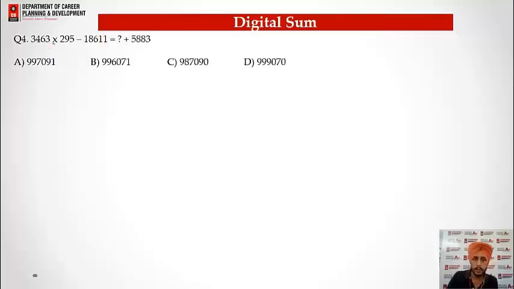So the next example is to understand the importance of the multiplication sign. So the digital sum of 3463 will be, we can ignore 6 plus 3, 9, that is 7, into 9 can also be ignored here. 5 plus 2, 7 minus 8 plus 1, 9, 6 plus 1, 7 plus 1, 8 is equal to x plus 5 plus 8, 13. 13's digital sum will be 4. 4 plus 8, 12, that is 3. 3 plus 3 is 6.